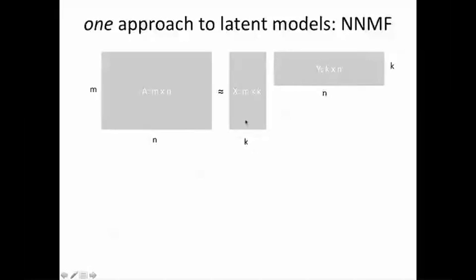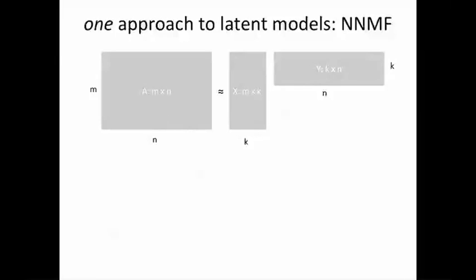So an m by k matrix times a k by n matrix yields an m by n matrix, which is of the right structure. Go back to your matrix multiplication if you've forgotten it, because it'll come in handy very shortly.